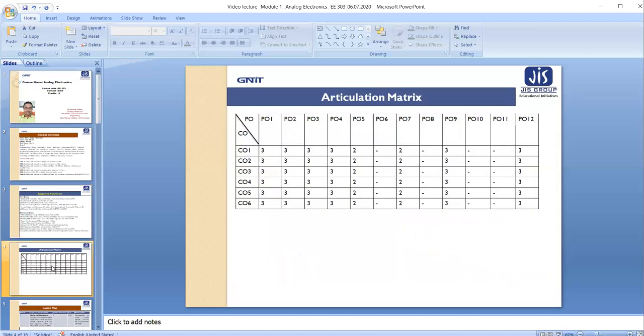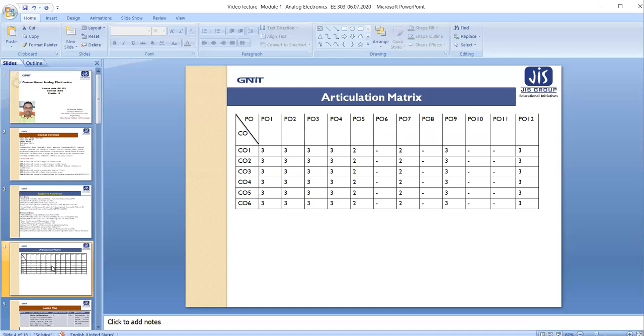This is the articulation matrix, which implies the mapping of course outcome CO with the program outcome PO. Program outcome means the outcome acquired by the students after passing the BTech in Electronics and Communication Engineering. Under PO, there are so many COs.